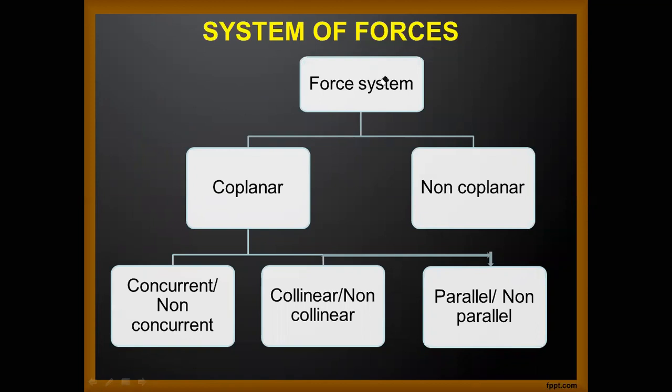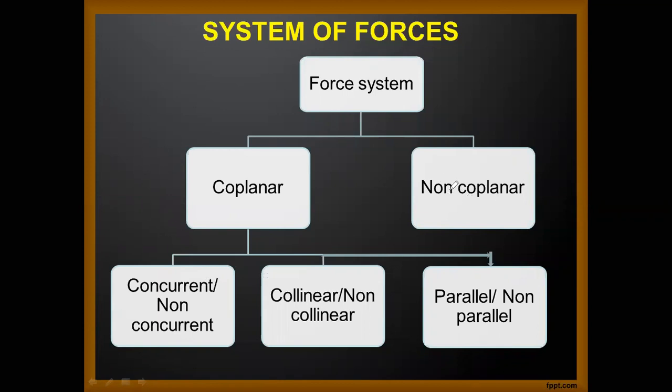Next, if I define a non-coplanar concurrent force system, non-coplanar means the forces are acting in more than one plane, and concurrent means the lines of action of the forces meet at a single point.